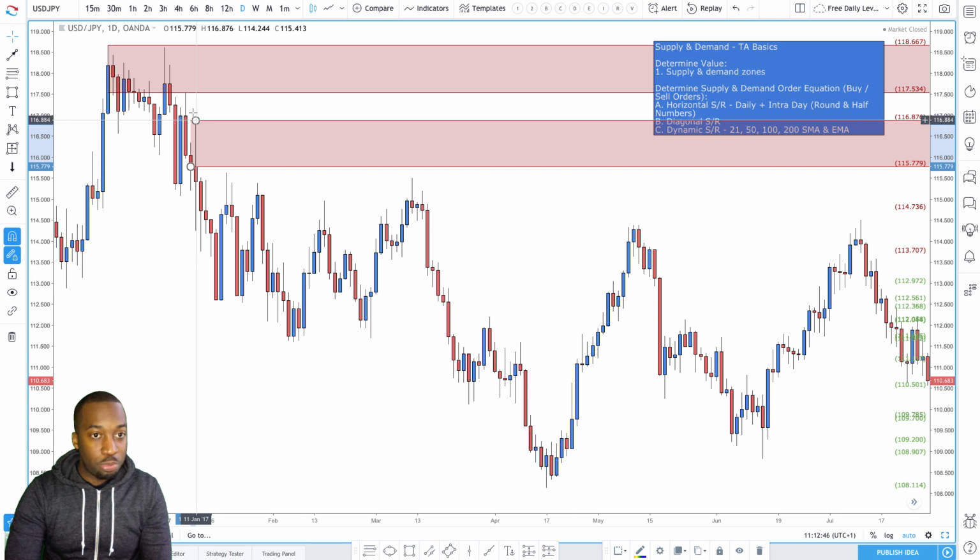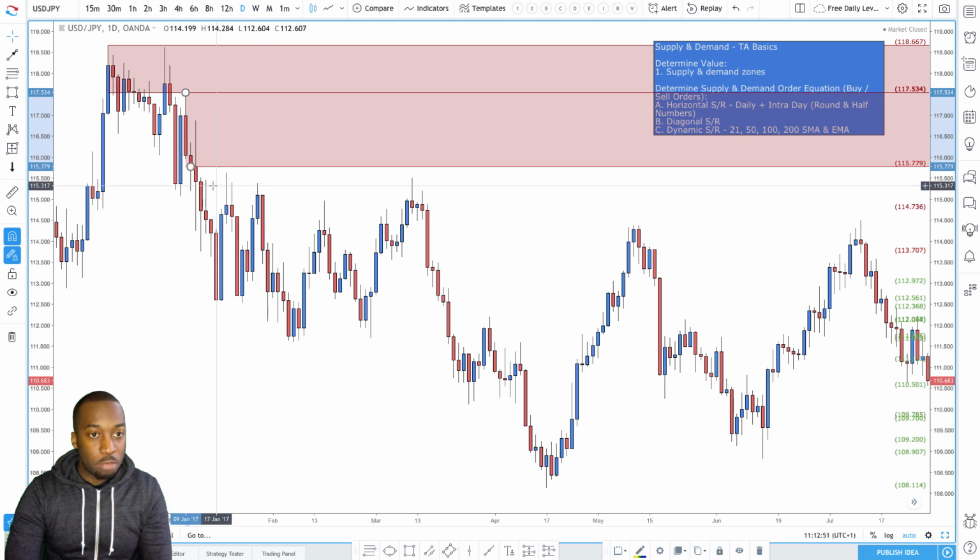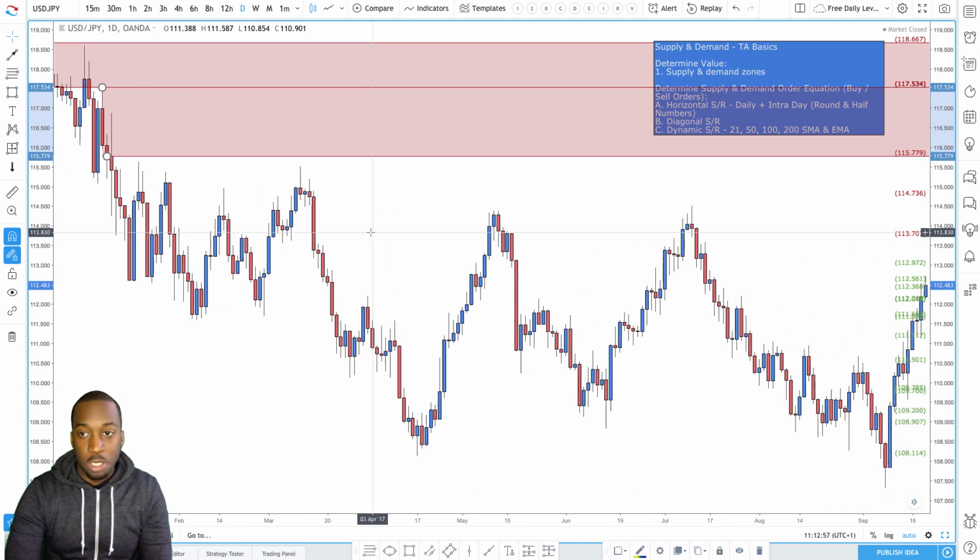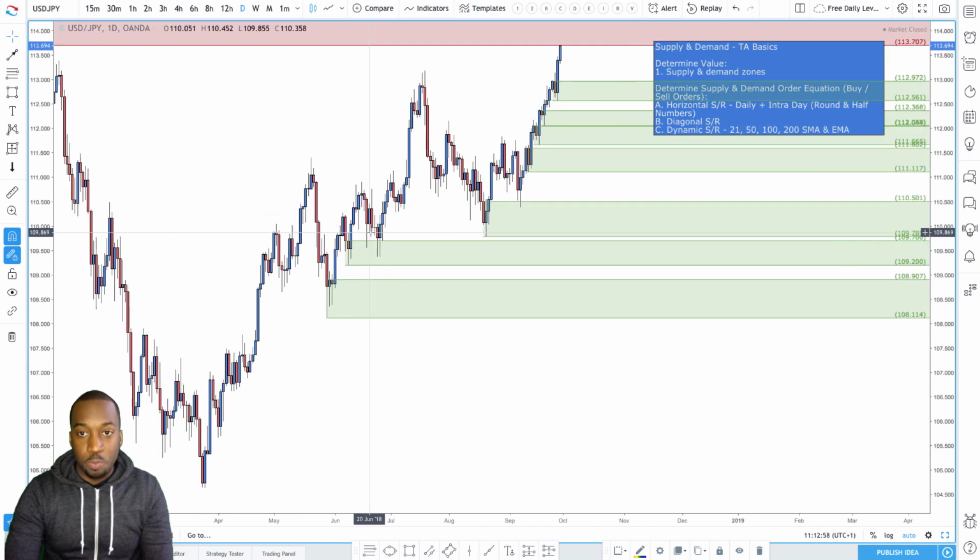But you've also got this whole level here. So I'd probably say it starts from around this 1157 level and then up to here. So it's quite a wide zone.